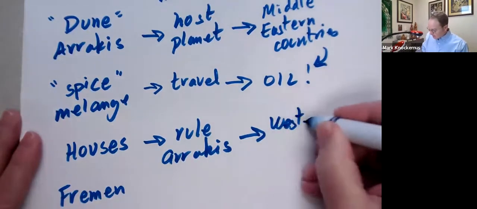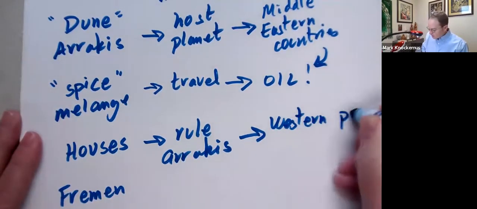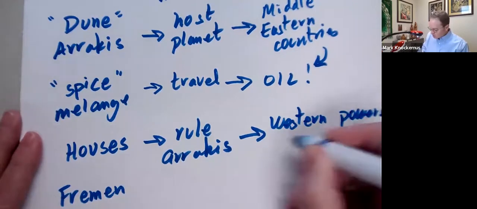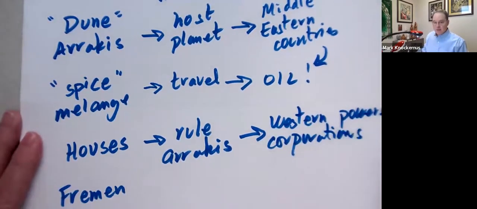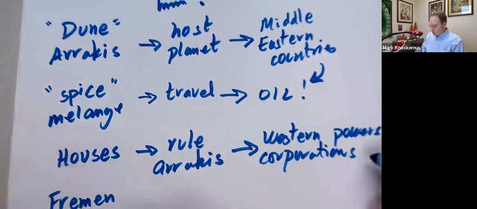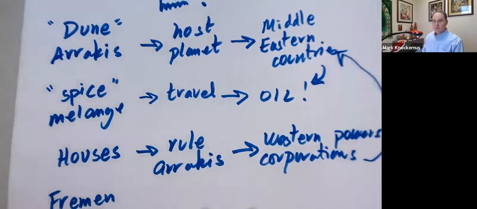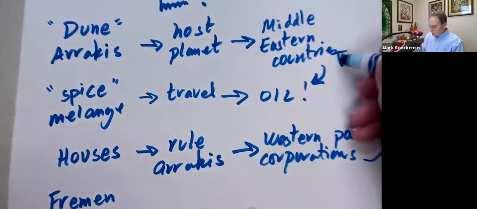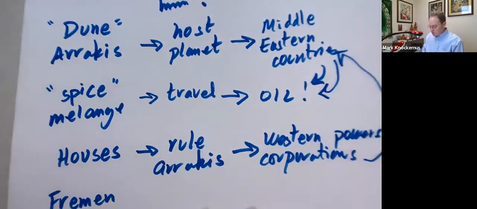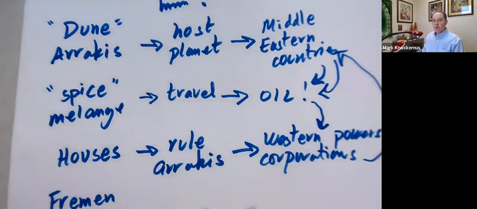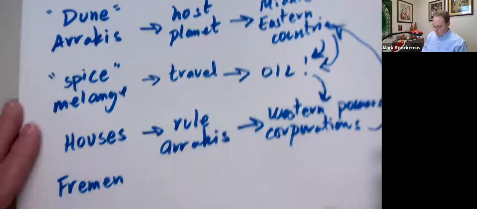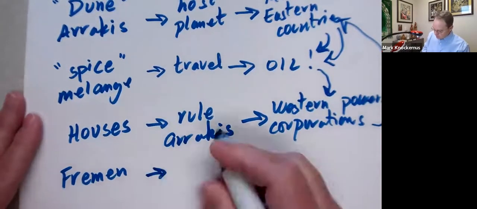That's like Western countries, Western powers, and corporations that go into these Middle Eastern countries just for the sake of producing oil to send it back to their home countries.